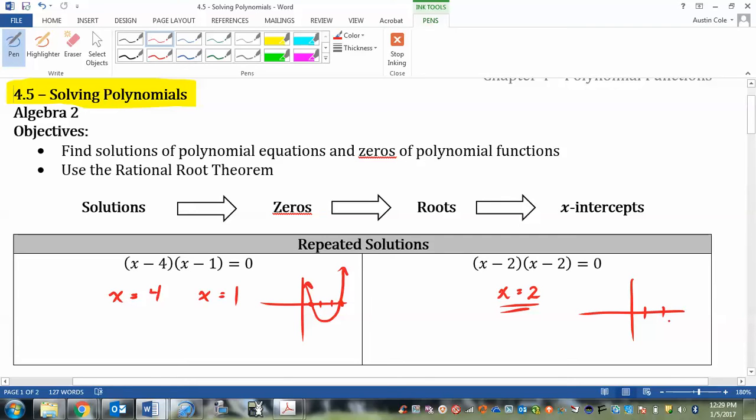But if it's a repeated 0, then instead of crossing like that, it's going to bounce. It's going to come, hit the x-axis, and bounce back up. So it's never going to actually cross the x-axis, it's just going to touch it. Again, not sure if we'll come across that today, but we will moving forward.